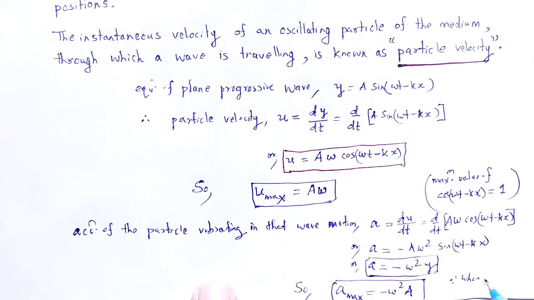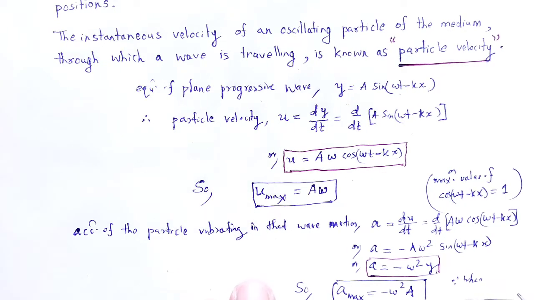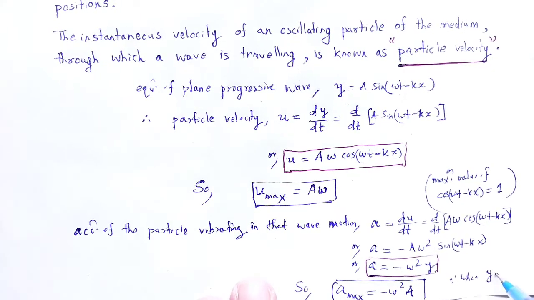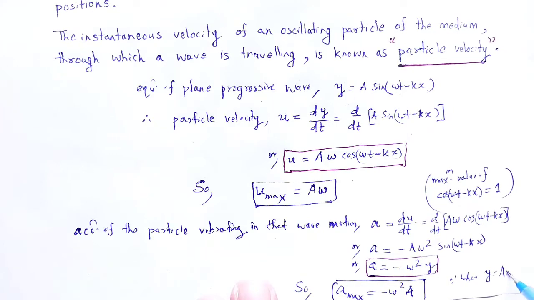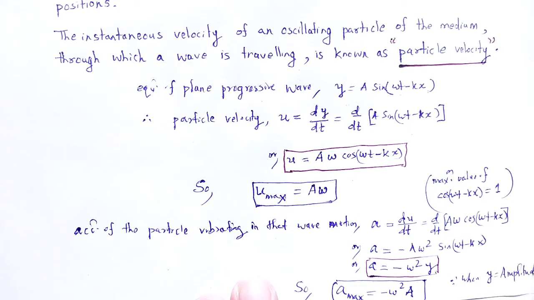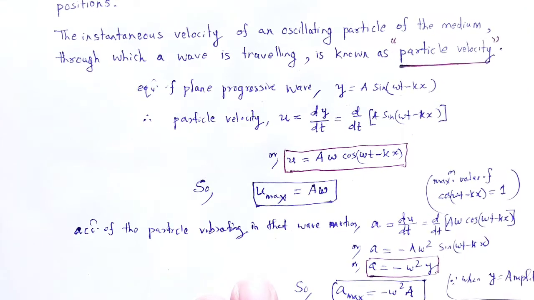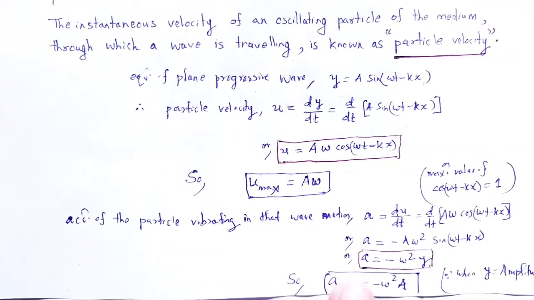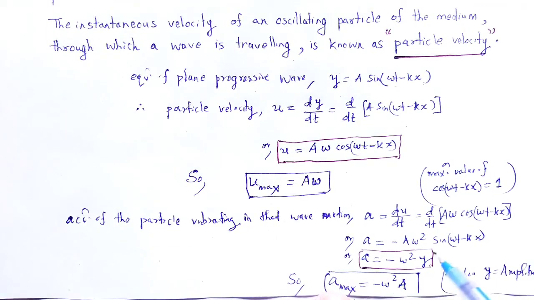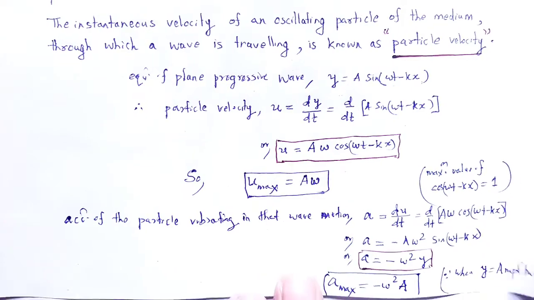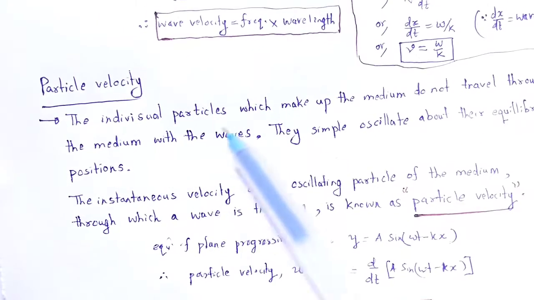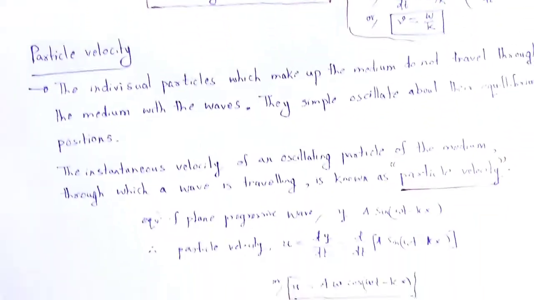When y is equal to the amplitude a, the acceleration of the particle is maximum. That is the particle velocity and acceleration; now the wave velocity.